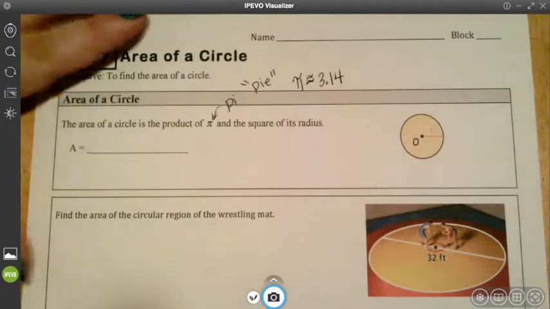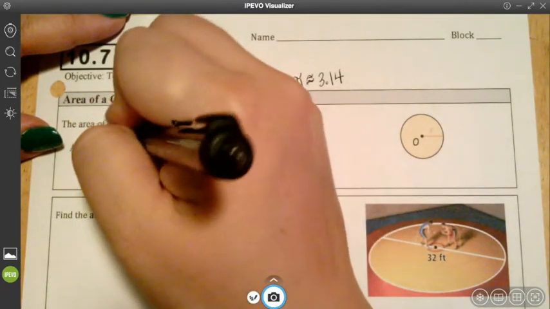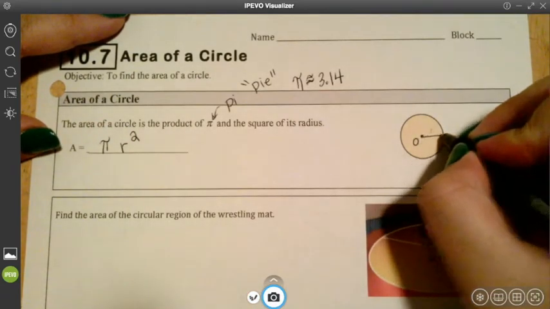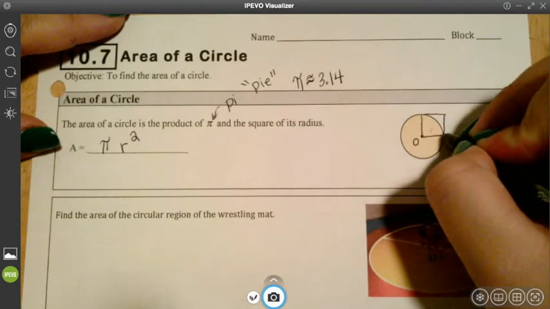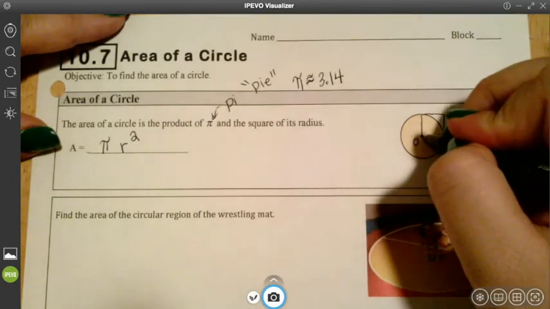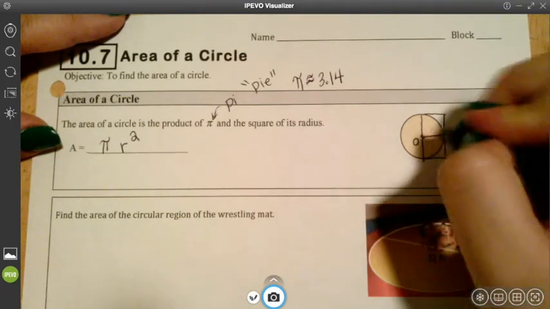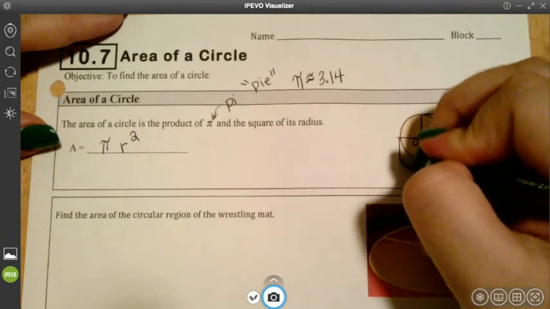Okay, so the area of a circle, we use pi times the radius squared. What does that mean? Well, if we're looking at a circle, we have the radius. A radius squared would be this little square. If I have 2 of those, that would be 2 times the radius squared. 3 of them would be 3 times the radius squared.